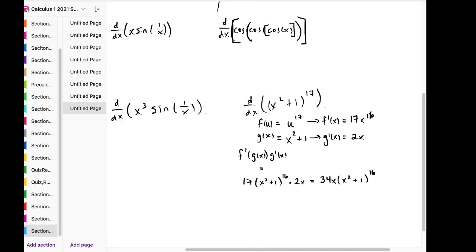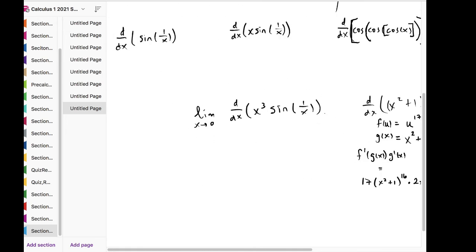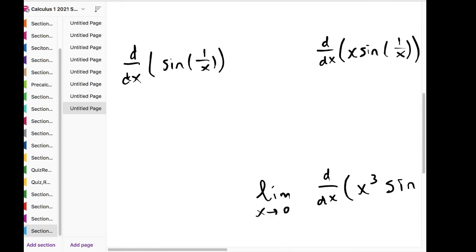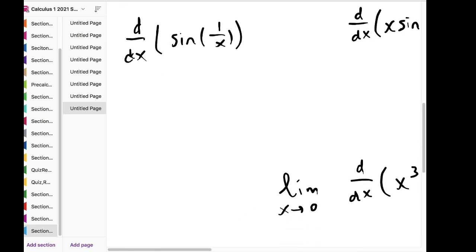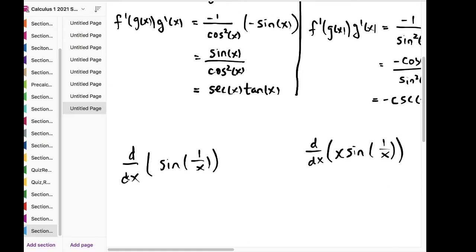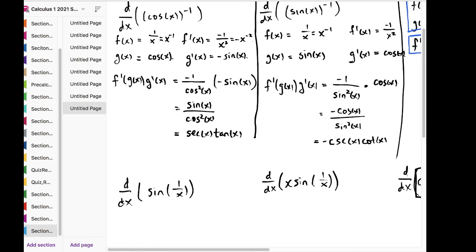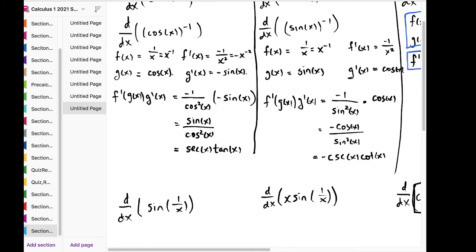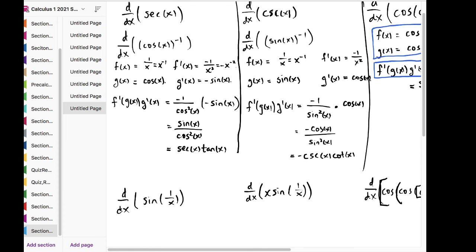All right, let's do this one. Sine of 1 over x. Okay, what's f and what's g? By the way, sine of 1 over x is kind of like the opposite of cosecant. Why is it the opposite of cosecant?